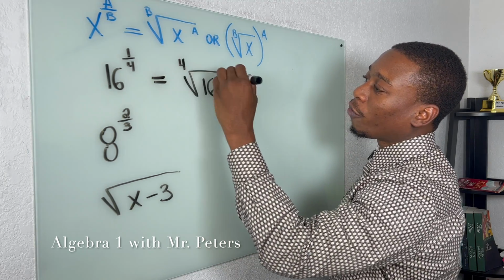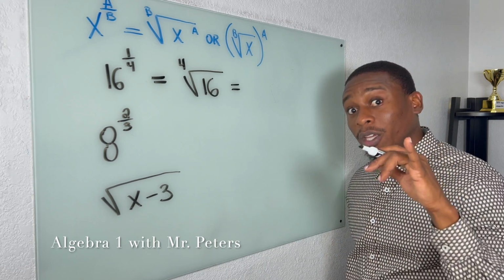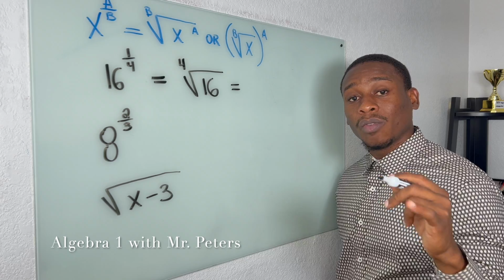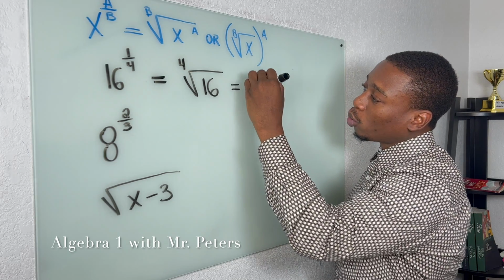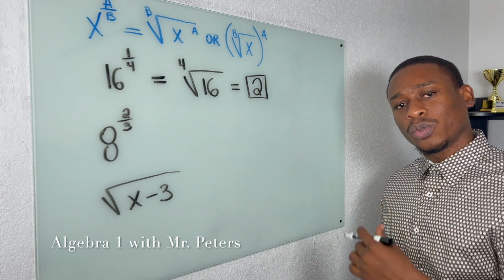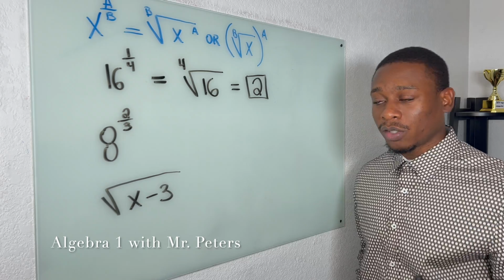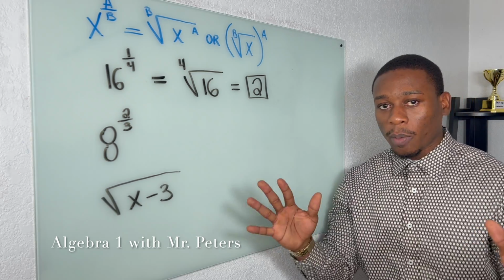What is the fourth root of 16, or is there a fourth root of 16? And luckily for us, there is, right? We know that 2 is the fourth root of 16 because if we take 2 to the fourth power, we would get 16 as an answer, okay? So that's problem number 1.